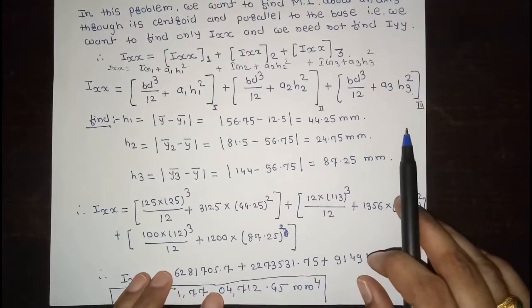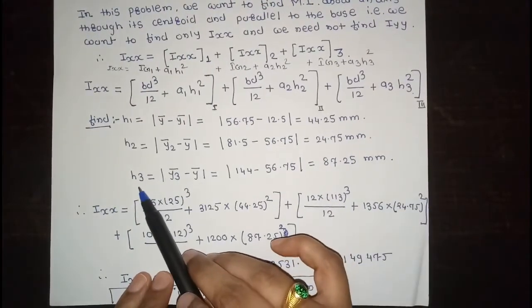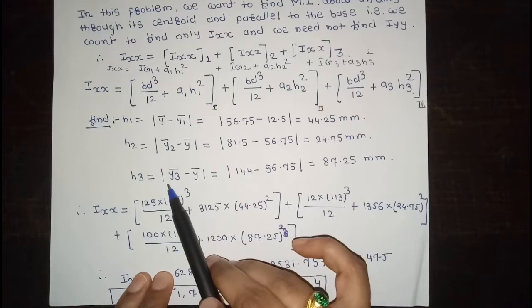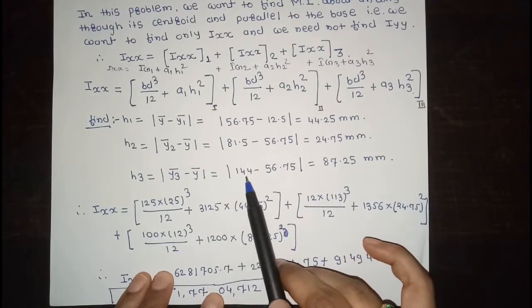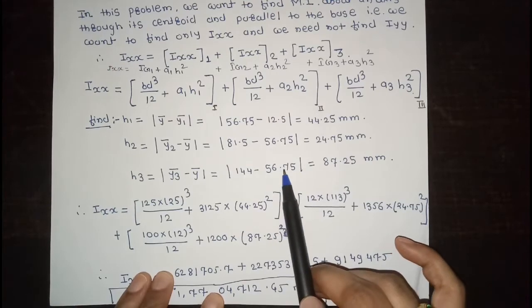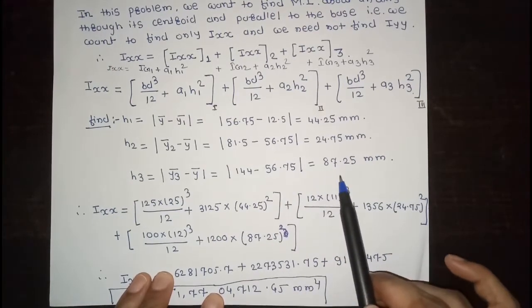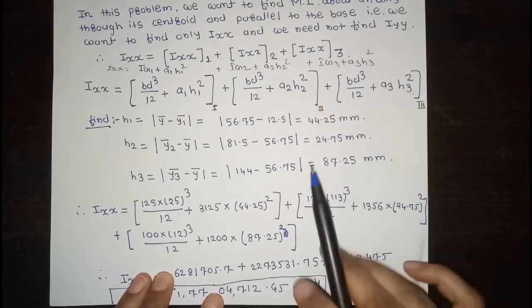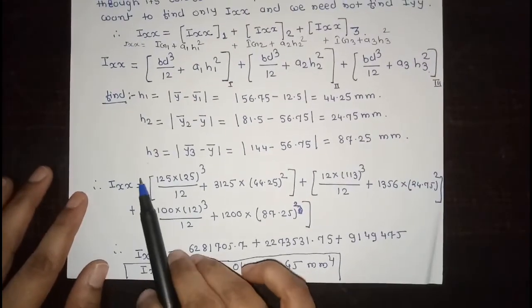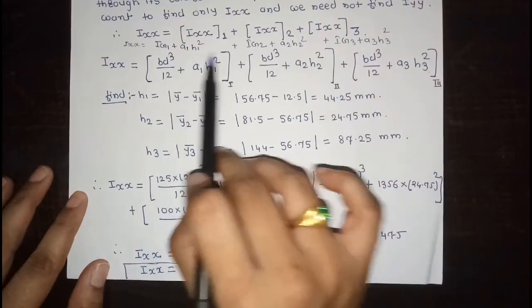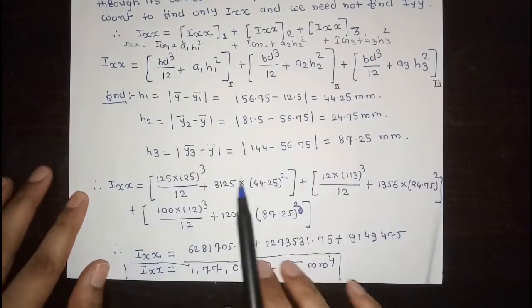Then H3 is equal to the mod of y3 bar minus y bar, which is 144 minus 56.75, equal to 87.25 mm. Then put the values in this formula, then we get Ixx.